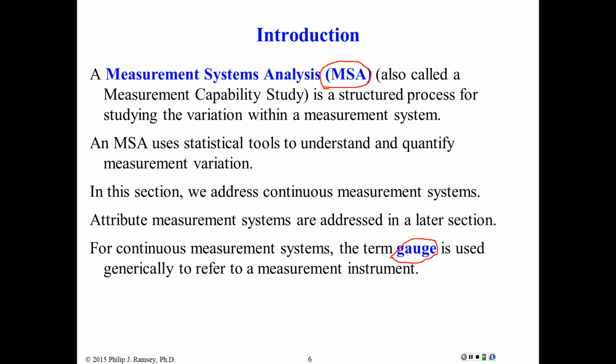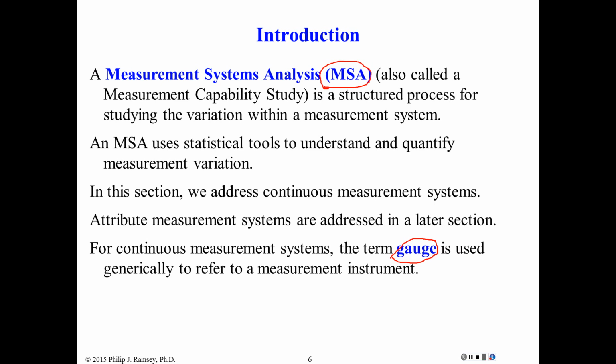But today we sometimes use gauge to refer to things like analytical equipment in a laboratory, very complicated measurement, say computer-controlled coordinate measurement machines and so forth. So when we say gauge, we're using it in a general term, but as the systems get more complicated, such as laboratory equipment, there are cases where the methods we'll discuss are simply inadequate to fully evaluate those types of more complicated systems.